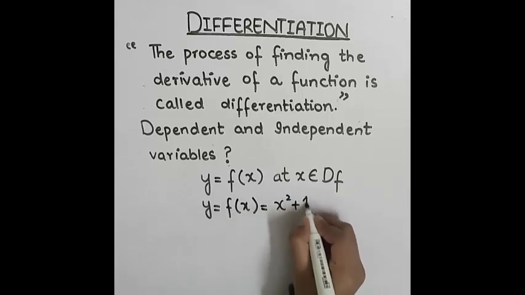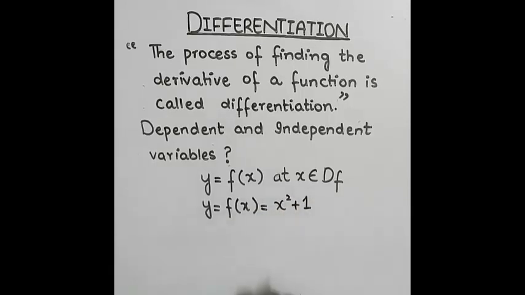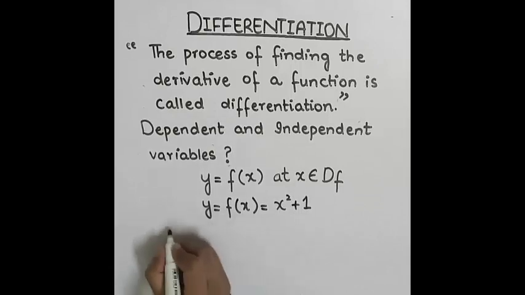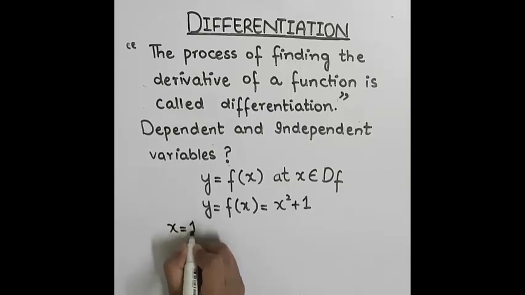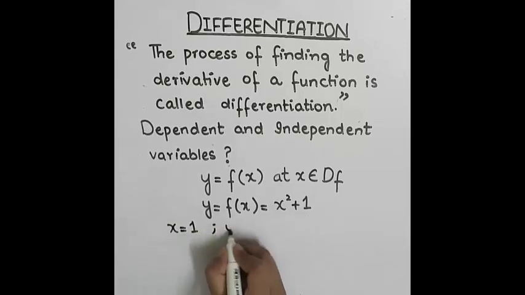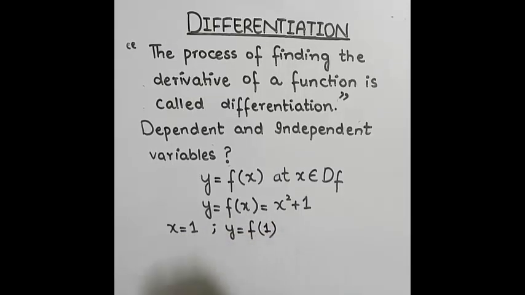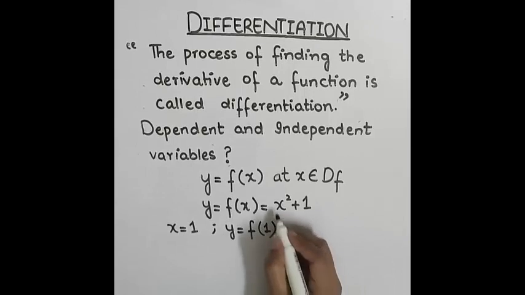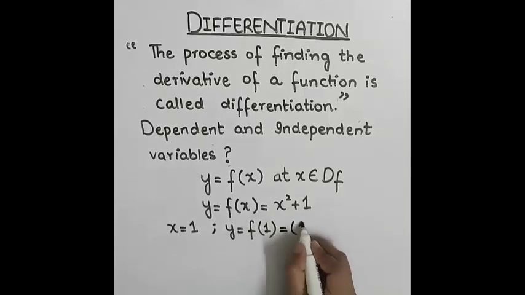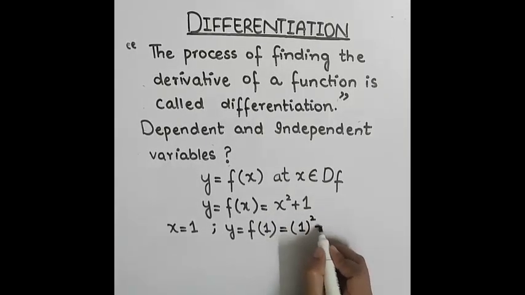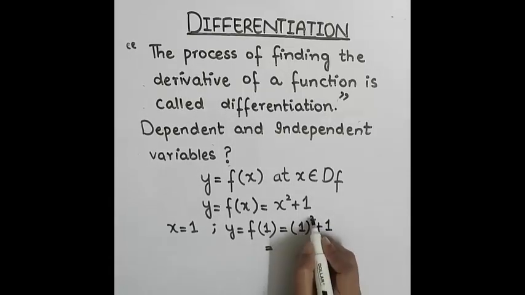Suppose we take x = 1 and solve this relation. y = f(x), so put 1 instead of x. Now the square of 1 is 1, plus 1, which is equal to 2.